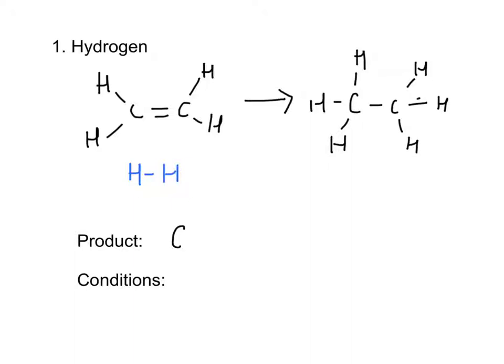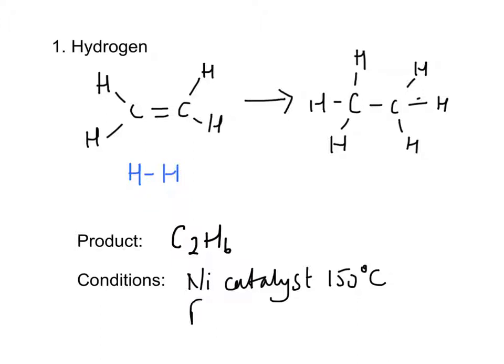The product is ethane, C2H6, and the conditions for this reaction: you need a nickel catalyst at 150 degrees C. Alternatively, a platinum catalyst will enable this reaction to happen at room temperature.